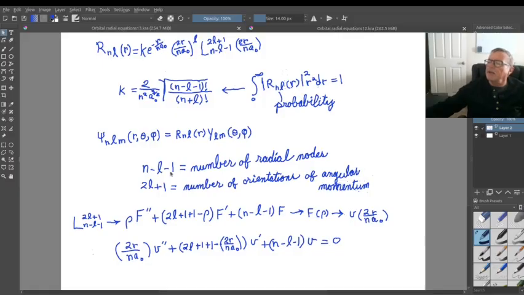N minus L minus 1 is the number of radial nodes. The nodes is the place where the probability drops to 0. 2l plus 1 is the number of orientations of angular momentum within that particular orbital range.